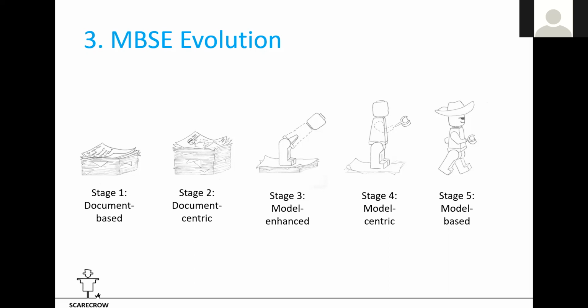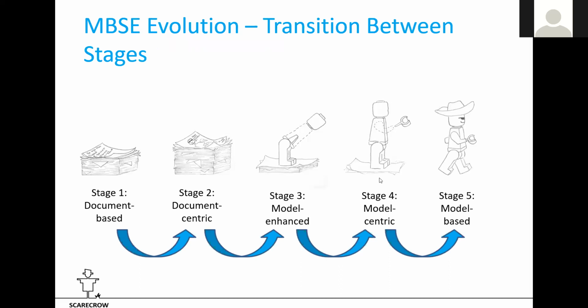And we use this model that we've got here that covers 5 stages of evolution, from an organization at stage 1, which is completely document based. And by that, as John mentioned earlier on, what we mean is that all of this information about the system is spread over potentially hundreds of documents, right up to stage 5, which is an organization that's completely model based.